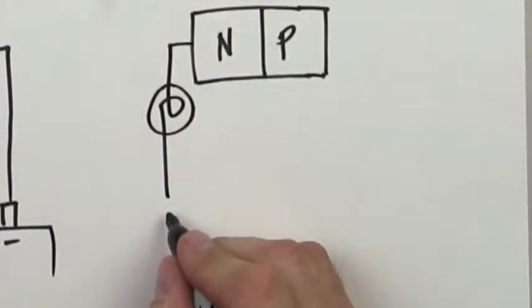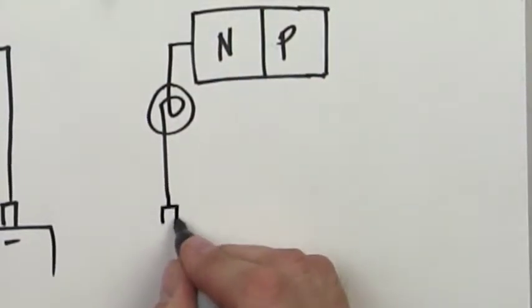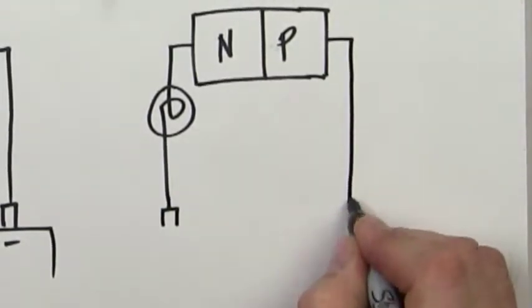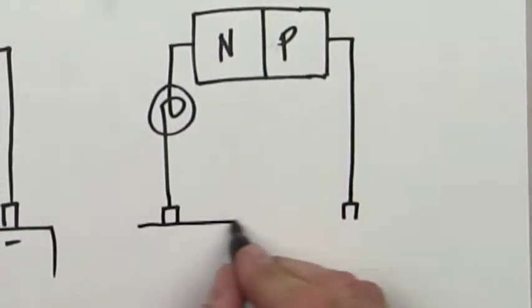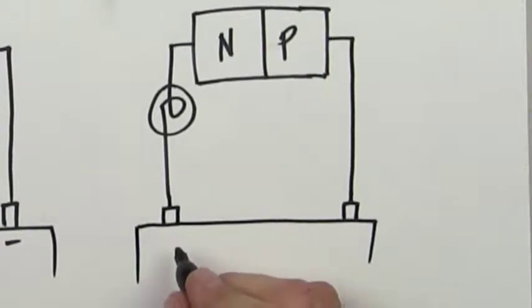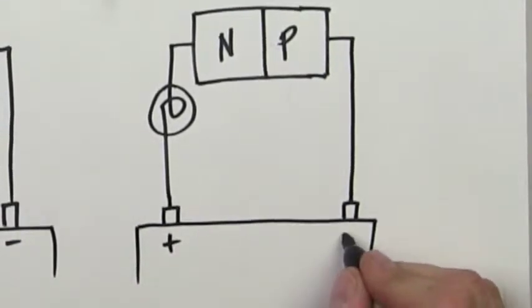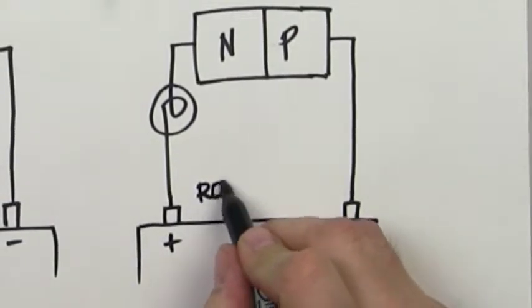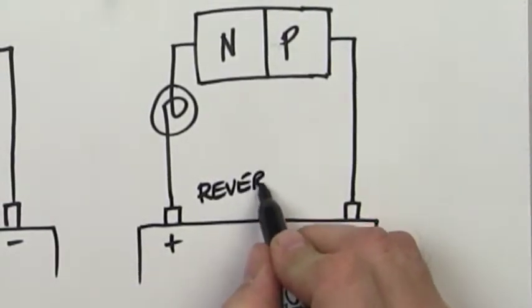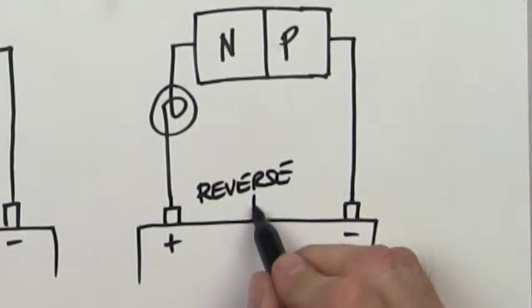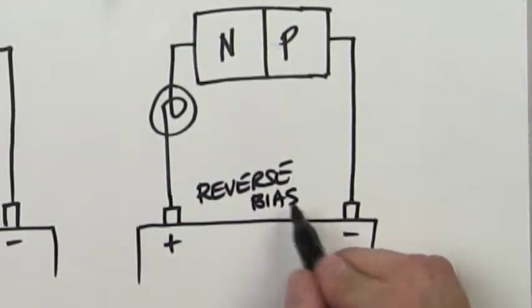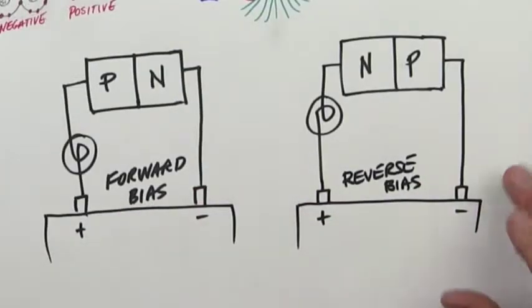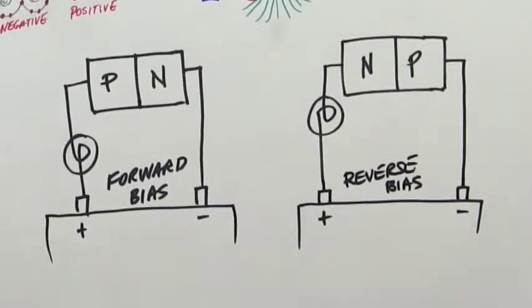Okay, it's one of several bulb symbols. And we'll do this. And there's my battery. And we'll make this positive. We'll make this negative. And this is what's called, go figure, reverse bias. Meaning that it's kind of leaning in the other direction. And forward and reverse should kind of give you a clue, right? What have I told you about language?